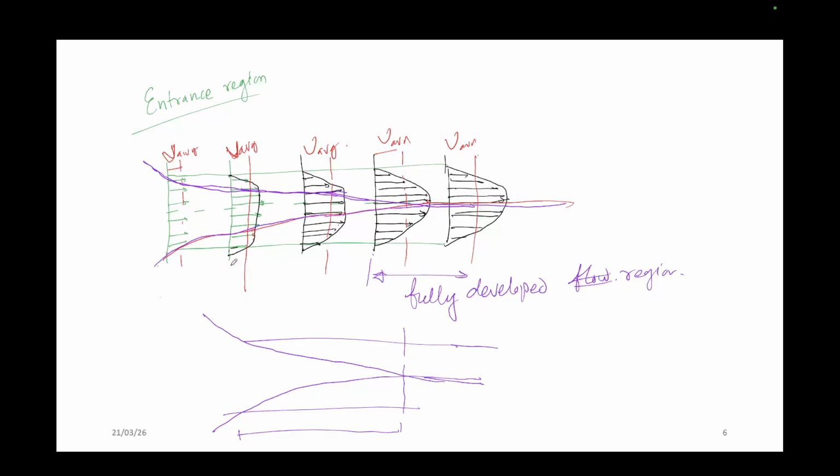This is your fully developed region, and this is your developing region. This has not developed yet, so this is known as the developing region. Here I am only talking about U average. That means it's hydrodynamic.